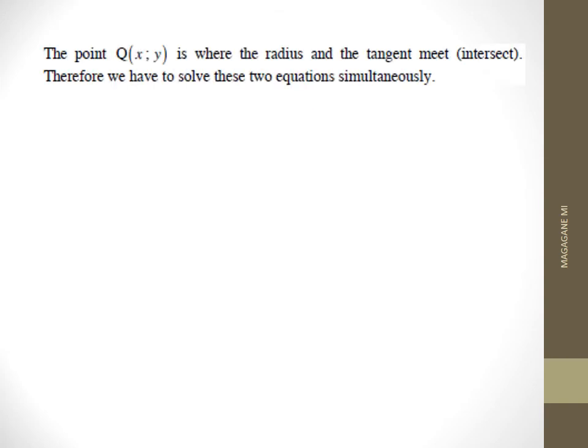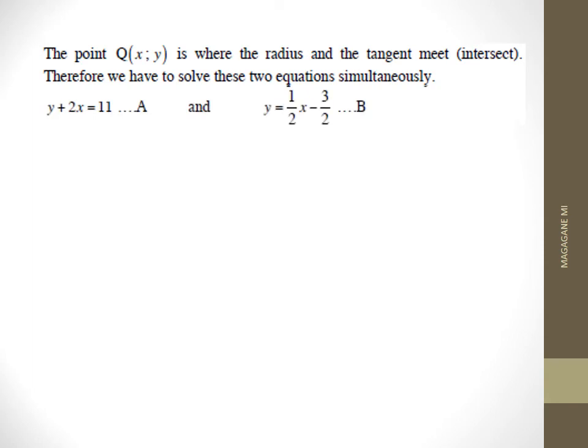The question continues: hence the coordinates of Q. So we want to find the coordinates of Q. We know that Q is where our tangent and radius intersect. Therefore, we'll have to solve for x and y simultaneously using the equation of the radius and the equation of the tangent, since Q is the point where the tangent and the radius intersect.